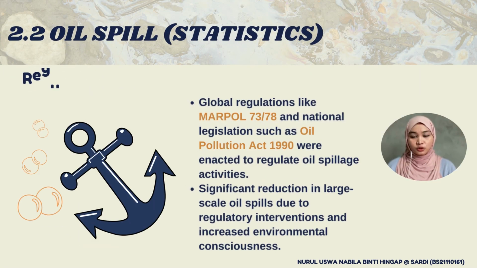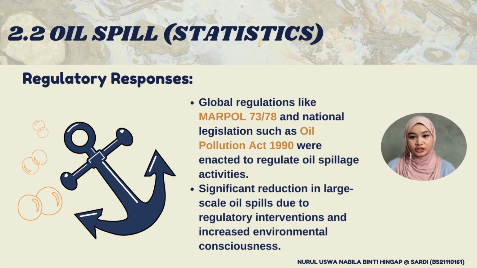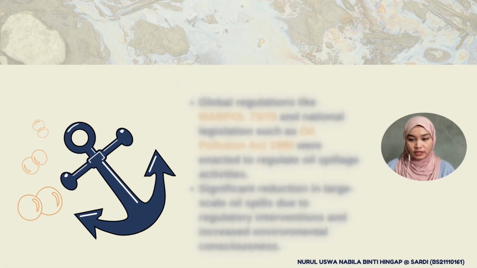In response to these disasters, global regulations like MARPOL 73/78 and the Oil Pollution Act of 1990 were enacted to control the oil spillage. These measures have significantly reduced large-scale oil spills from an annual average of 24.5 in the 1970s to 1.8 by 2010, alongside increased environmental awareness.